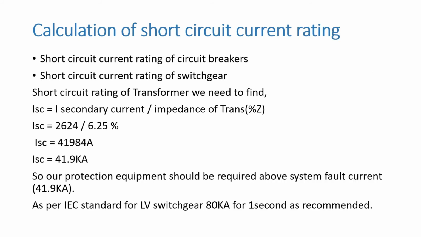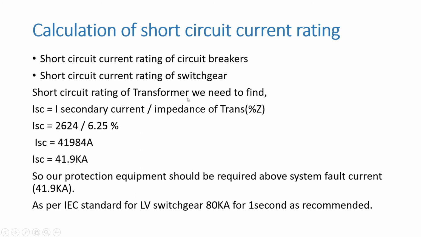Second thing, we have to calculate the short circuit rating of the circuit breaker and the short circuit rating of the switchgear. For this calculation, you have to find the short circuit rating of the system. Here the system is the transformer, so we need to find the short circuit rating of the transformer.